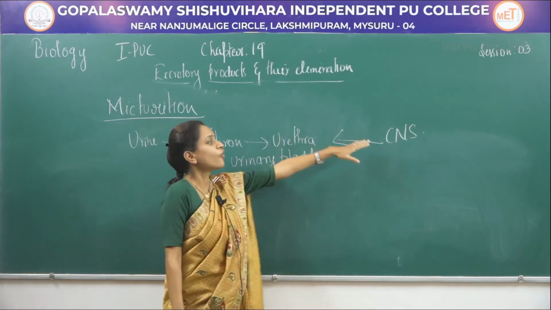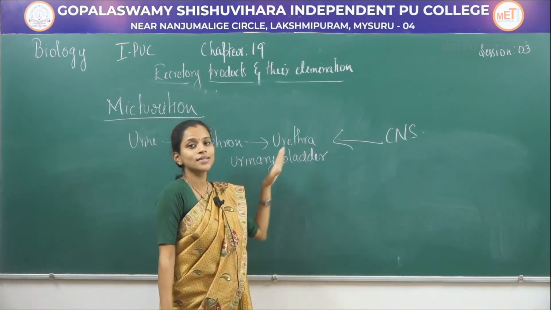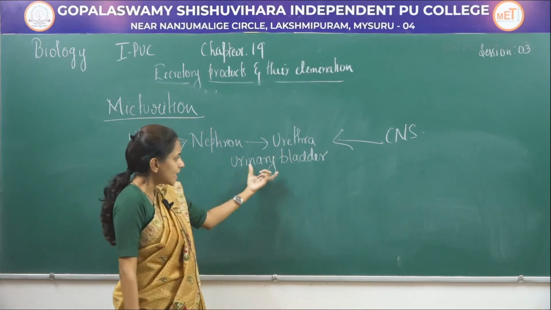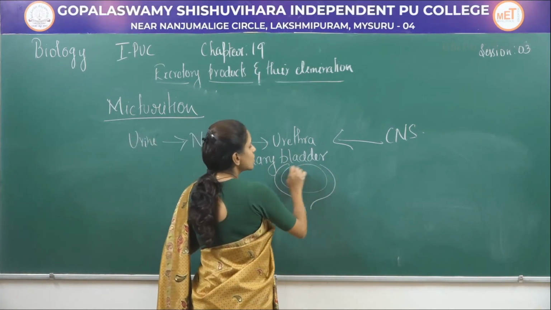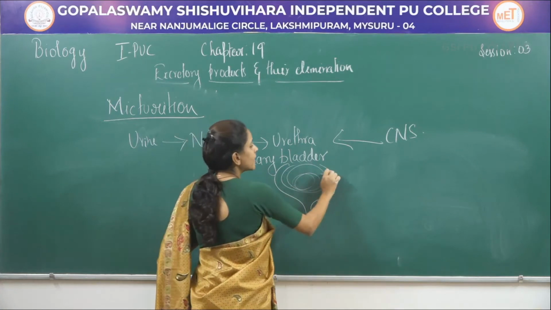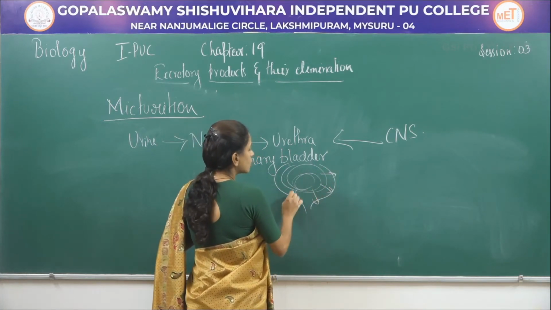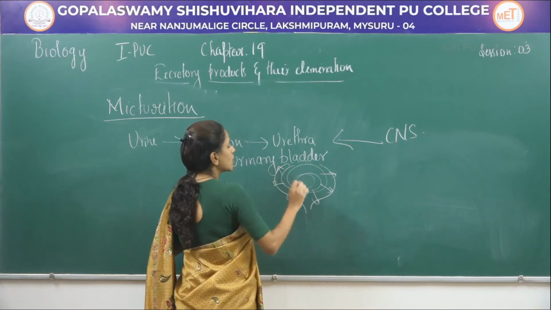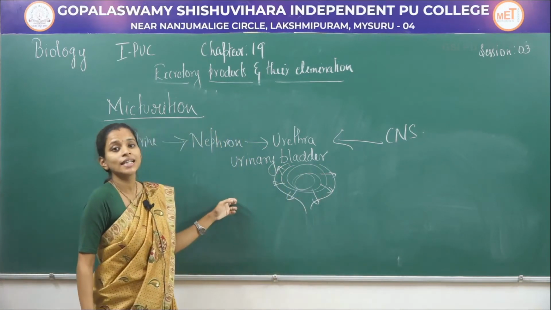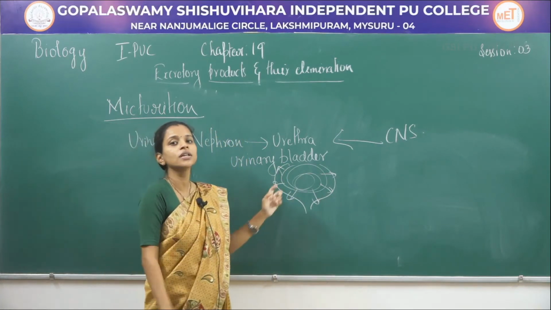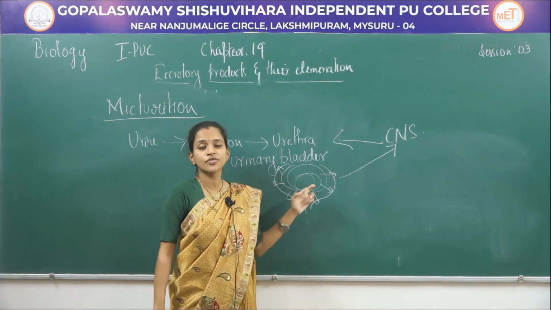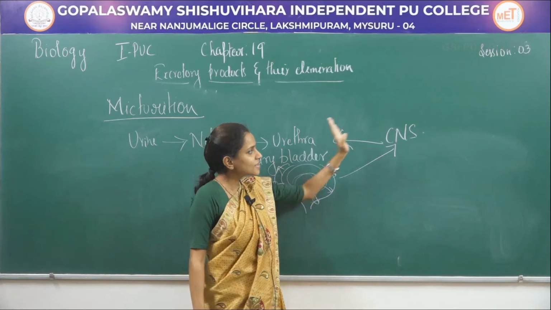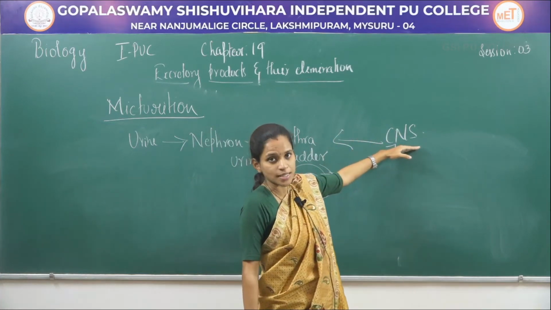But for the central nervous system to pass the signals, what should happen is, in the urinary bladder, for example, once the urine comes and is stored in the bladder, it applies pressure on the walls of the urinary bladder, which leads to stretching of the bladder walls. These stretching walls pass the signal to the central nervous system.